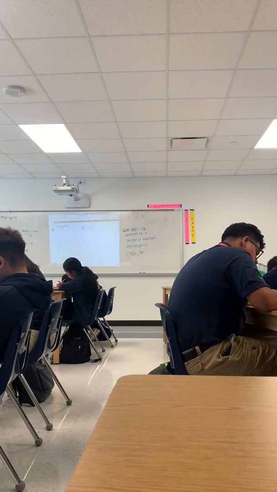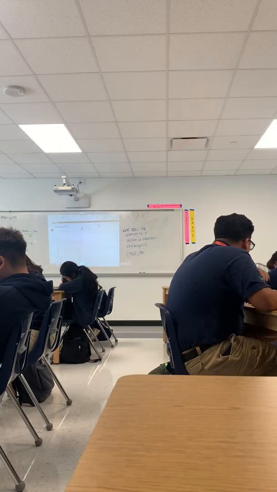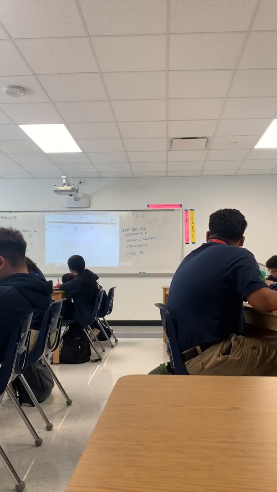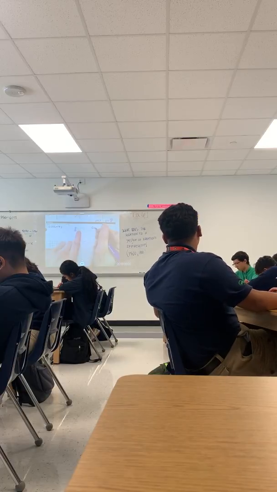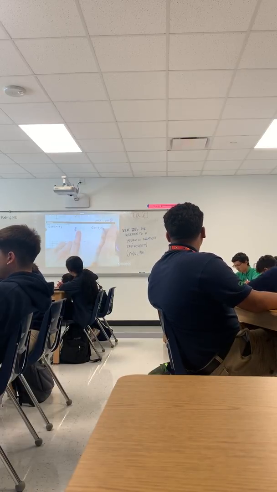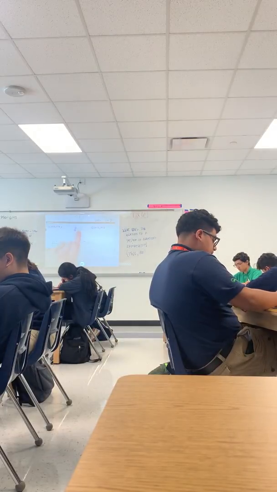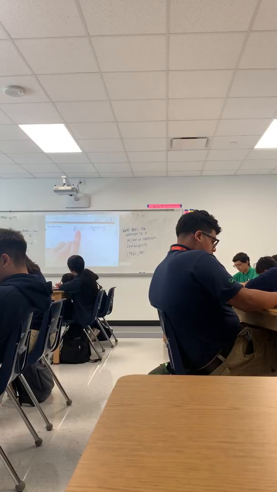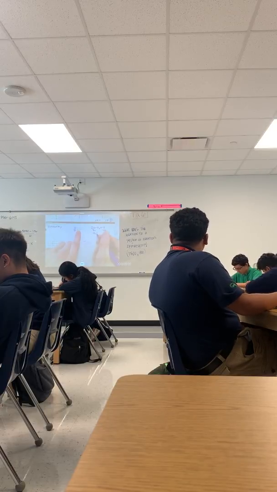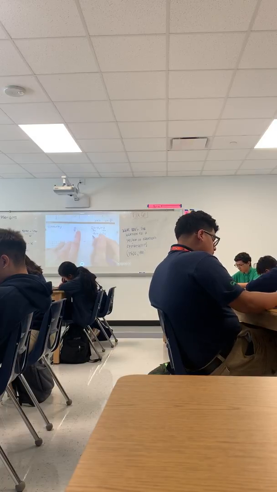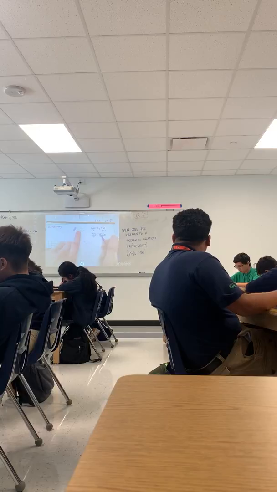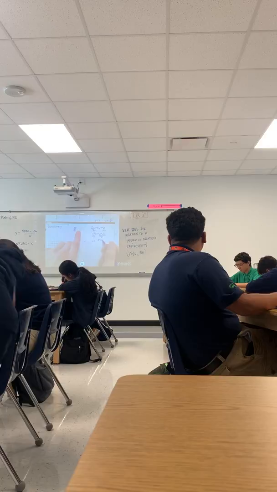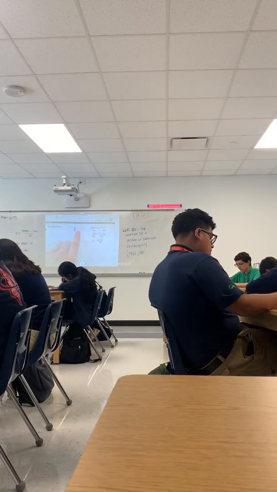I label both my graphs, just so I can keep things organized whenever I'm working. I'm going to isolate y in the first equation. I want to get rid of the 2x, so I subtract it from each side. Negative 3y equals negative 2 minus 2x. And I want to get rid of the negative 3, so I divide each side by negative 3. Y equals negative 2 minus 2x over negative 3.